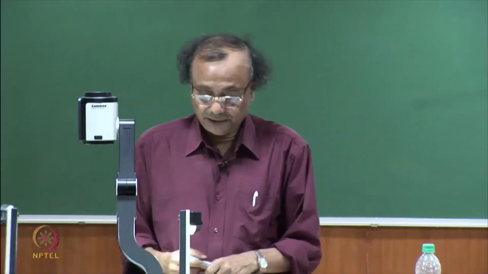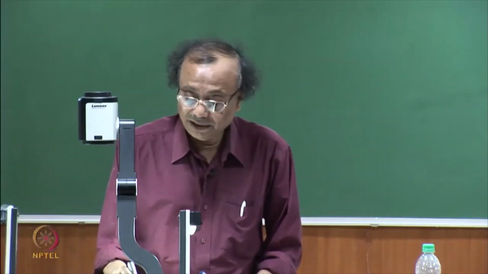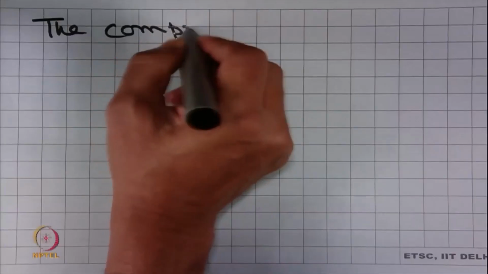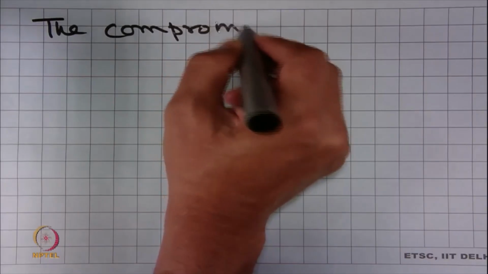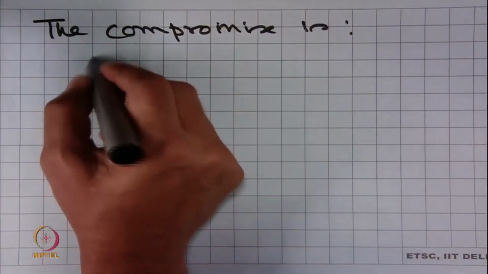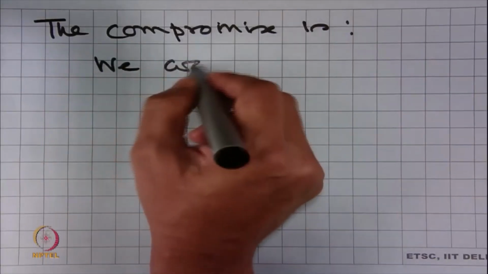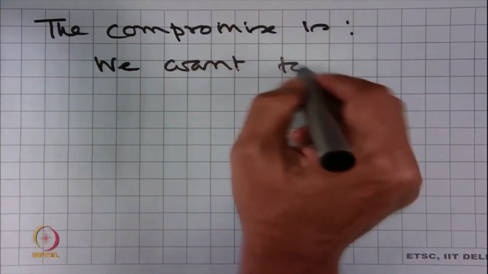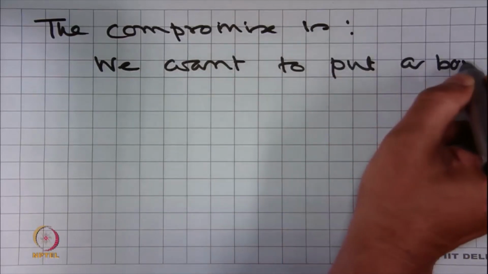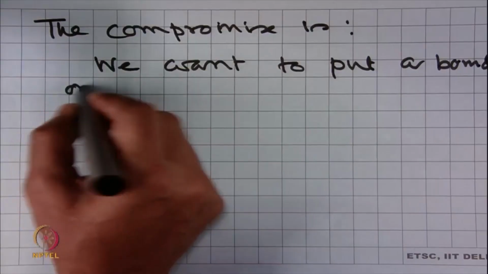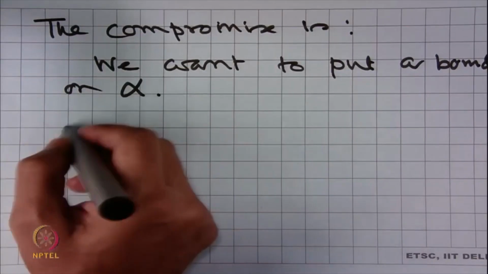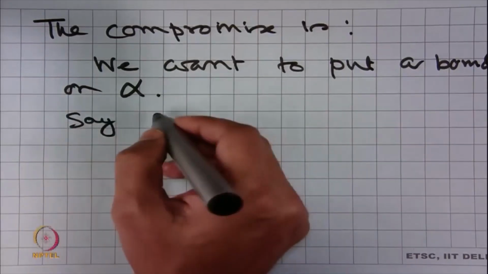What is the compromise? The compromise is we want to put a bound on alpha. Say 5%.